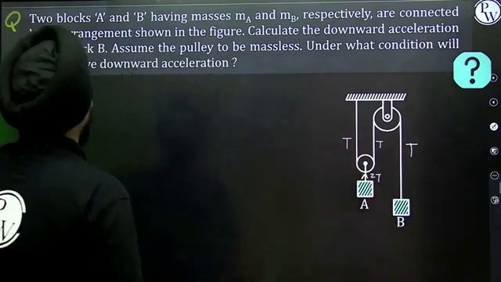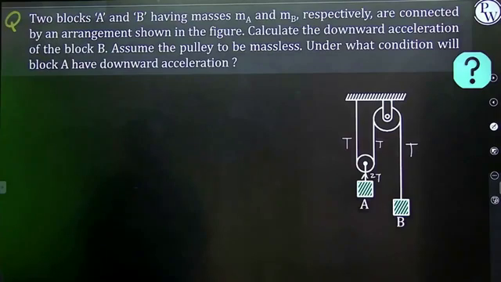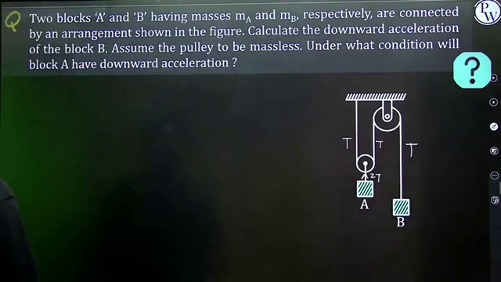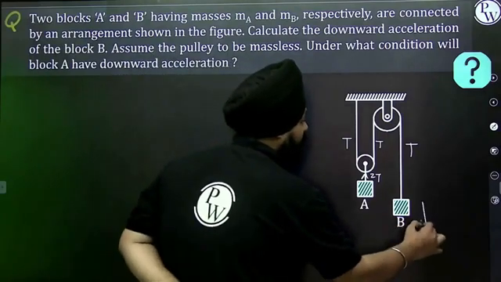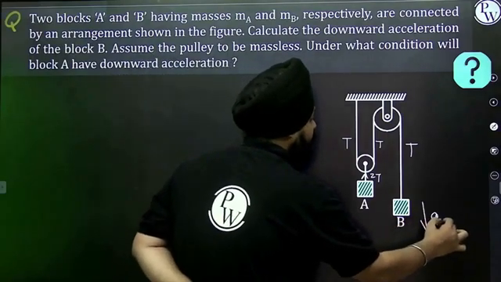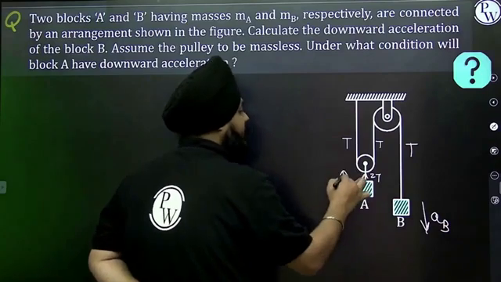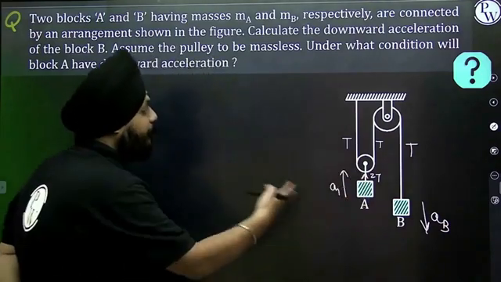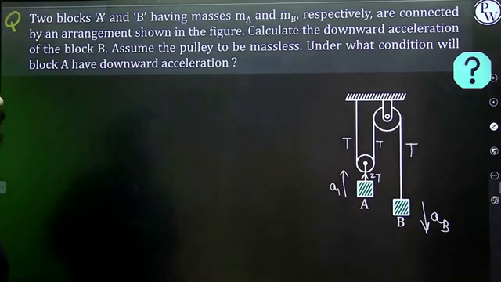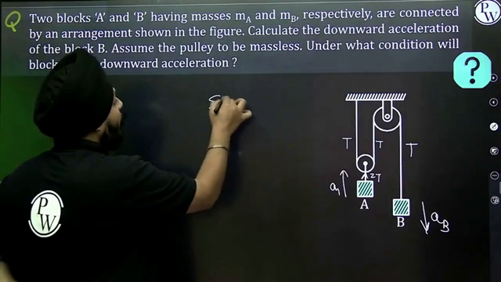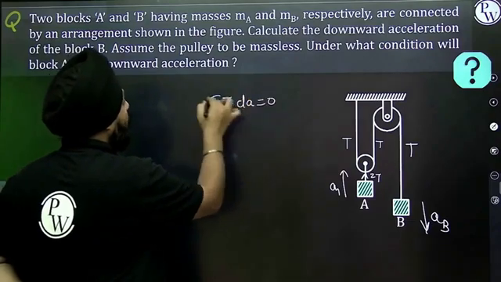See, the blocks A and B, having masses respectively, are connected by the arrangement shown in the figure. Calculate the downward acceleration of the block B. This is the acceleration of B and this is the acceleration of A. Simply, the summation of T dot dA is 0.